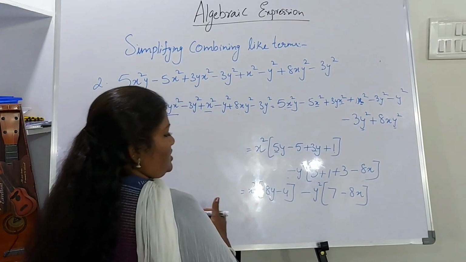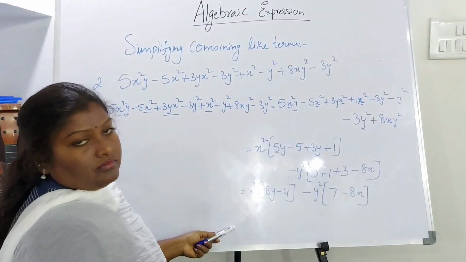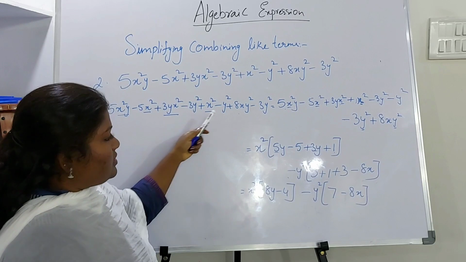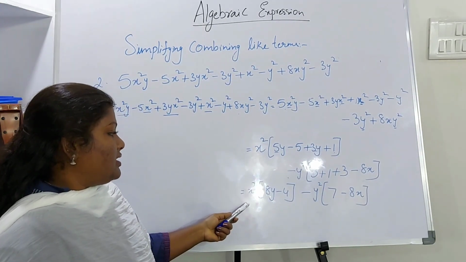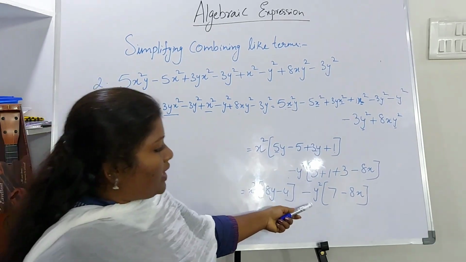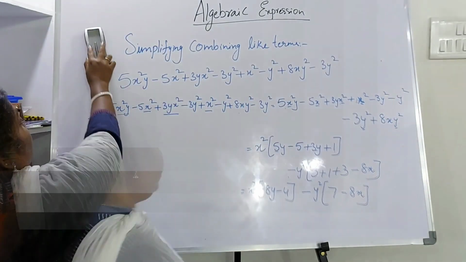So this is the simplified form of the expression. We have taken the like terms common and simplified, and we got the answer as x square times 8y minus 4, minus y square times 7 minus 8x.